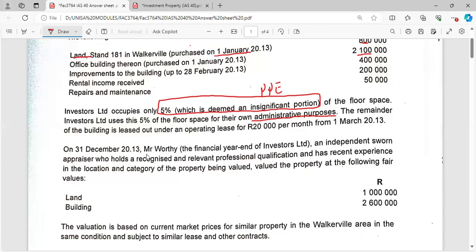Right? Then the remainder of the building is leased out under an operating lease for 20,000 per month from 1 March 2013.